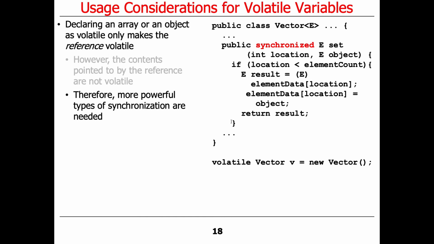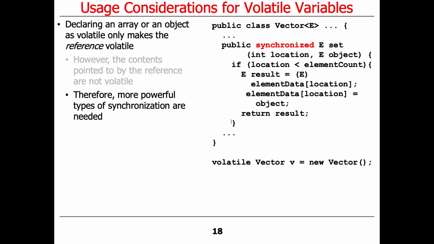So therefore, in the case of vector, they define various methods like get and set to be synchronized. And then that ensures that things will be properly protected internally from race conditions and concurrent access that would lead to corruption. So you use mutual exclusion mechanisms to provide that level of thread safety.